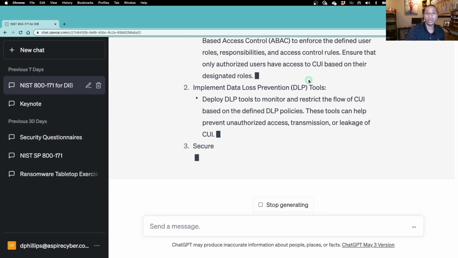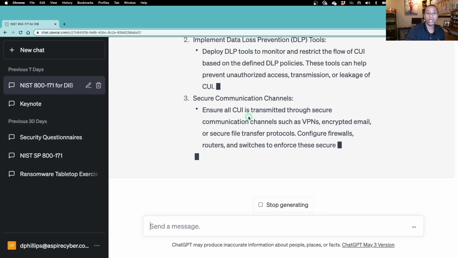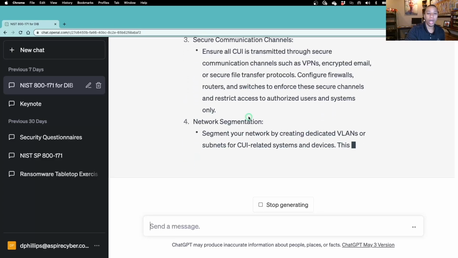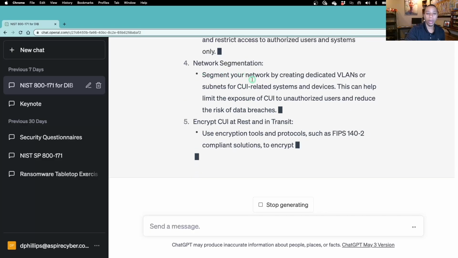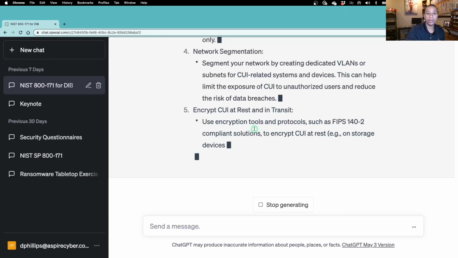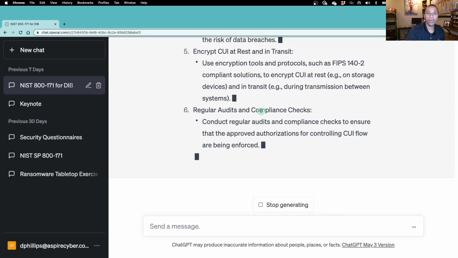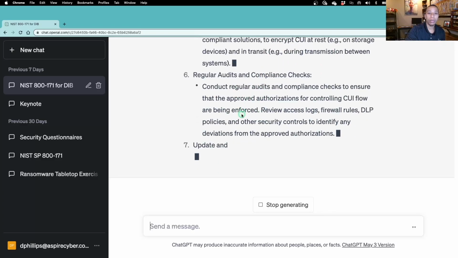Define the user roles and responsibilities. DLP is going to be another way to enforce. A DLP solution can actually block unauthorized transmissions of CUI. Talked about network segmentation, VLANs. We're encrypting that CUI at rest and in transit. Remember, with FIPS 140-2 validated cryptographic modules.